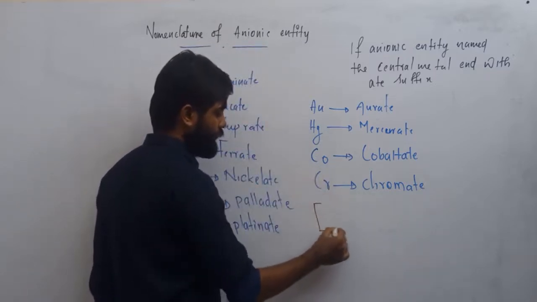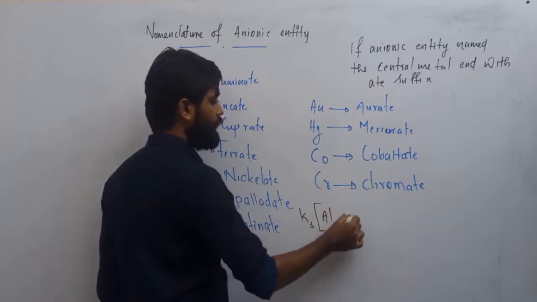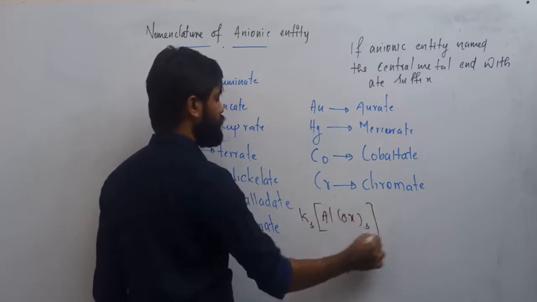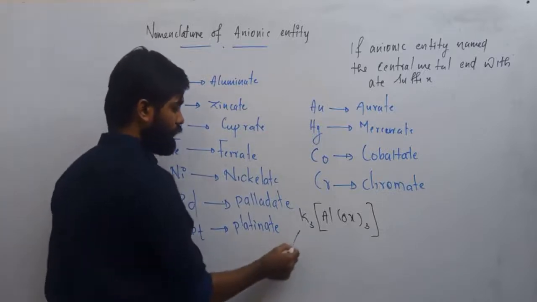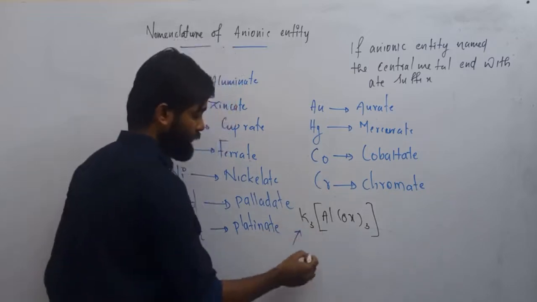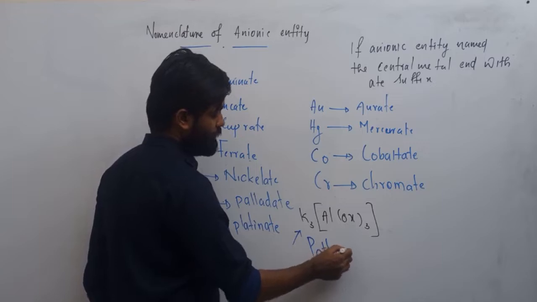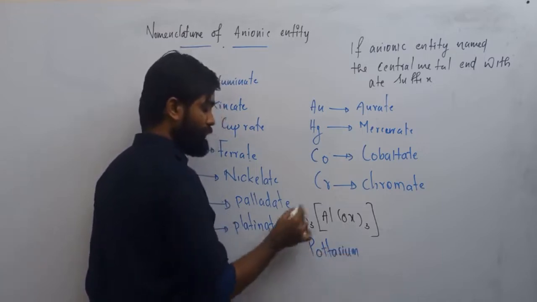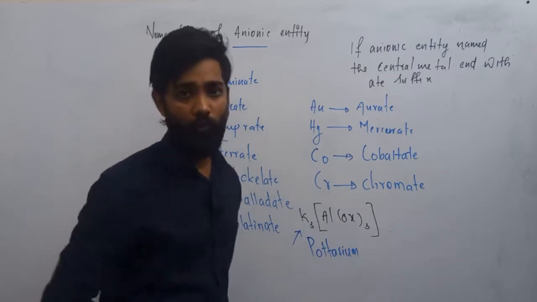Listen, let me give you one more example. K3[Al(ox)3]. This is an anionic entity, and your counter ion is a cation, that's potassium. So once the counter ion is named, you enter the entity, where the ligand is ox.